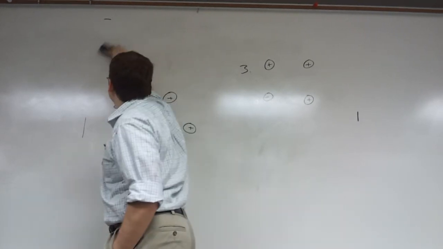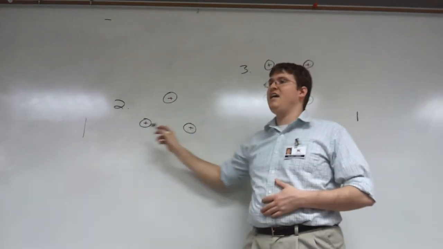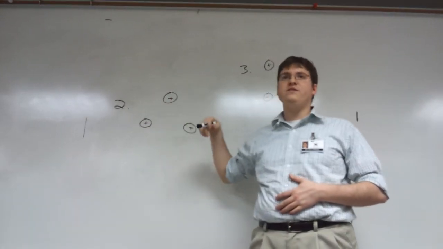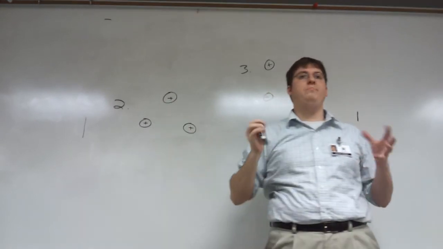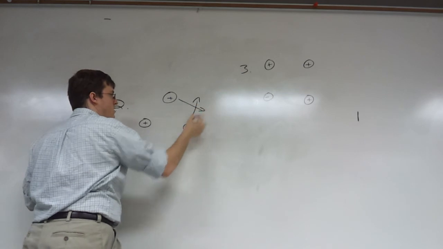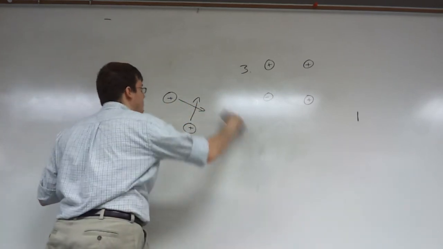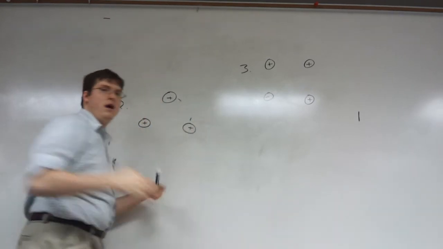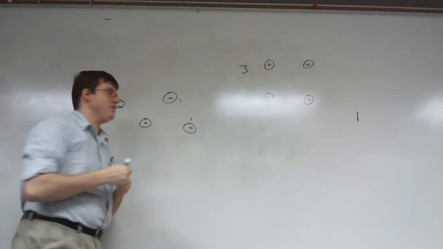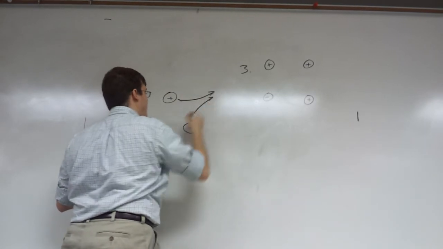Okay, let's try number 2. Number 2, we're going to run into the same issue. We have positive charges, all 3 positive. They want to repel. So if I drew my electric field lines normally, I got crossing electric field lines. Can't have that. So they are going to bend away from each other. Bend away, bend away.